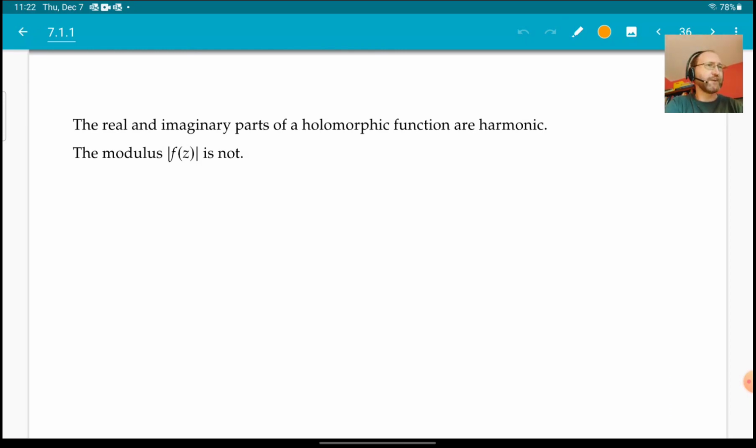Well, the modulus is not harmonic, but we don't want to lose hope, because log of the modulus of f is harmonic. Well, you have to avoid the places where f is 0, right? So you avoid those isolated points where f is 0. And there, of course, this is not defined, but everywhere else, this is a nice harmonic function, right?